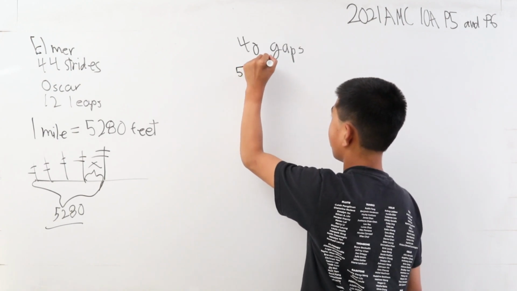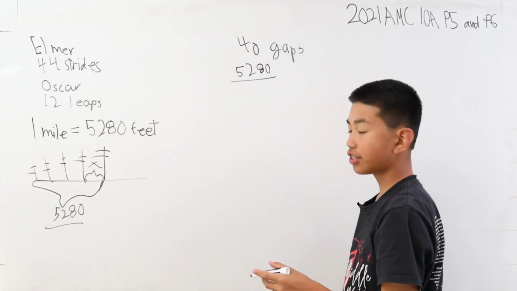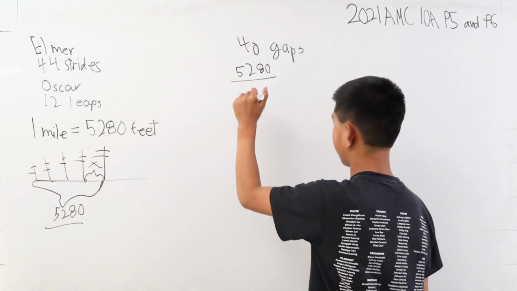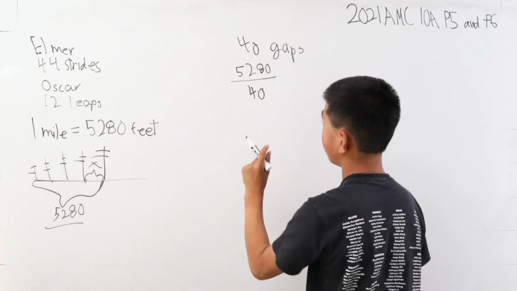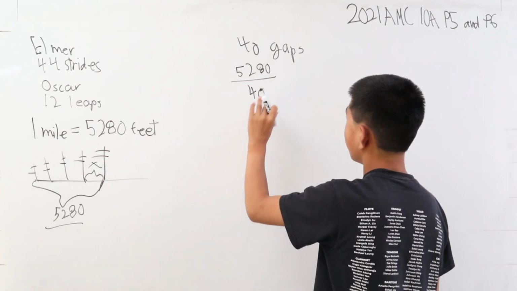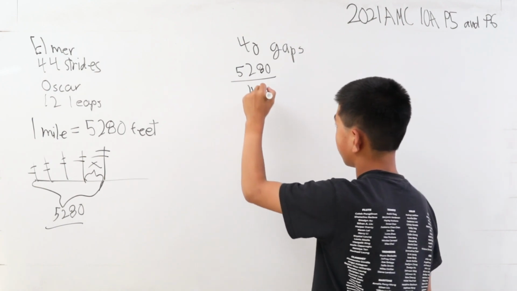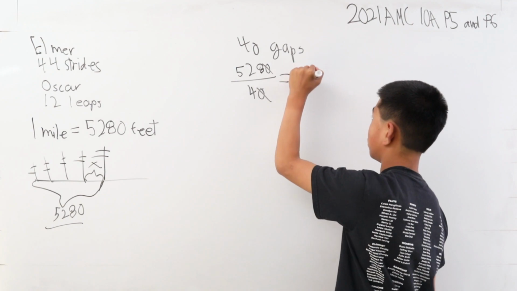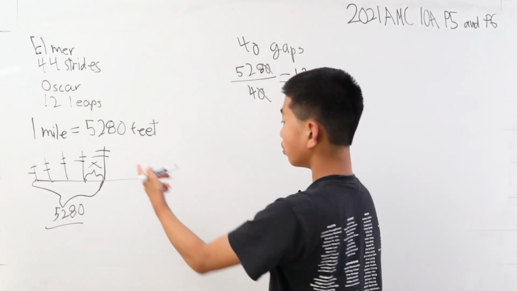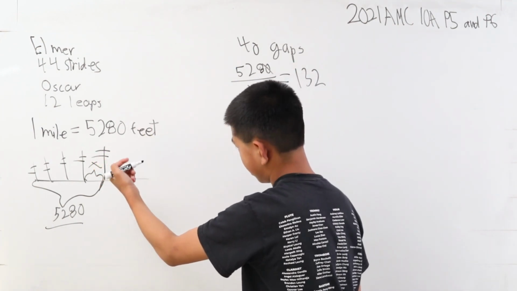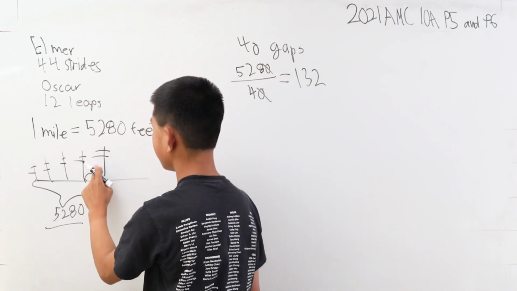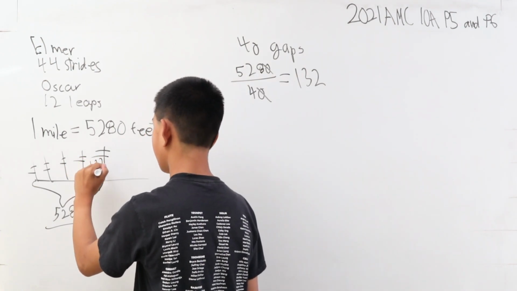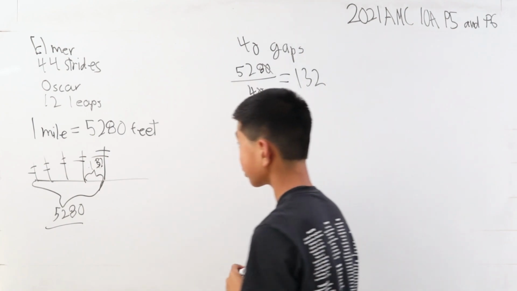Therefore, to find the distance of each gap between the telephone poles, we have to divide the total distance by the number of gaps. These zeros cancel out, and we get 132. So the gap between two poles is 132 feet.